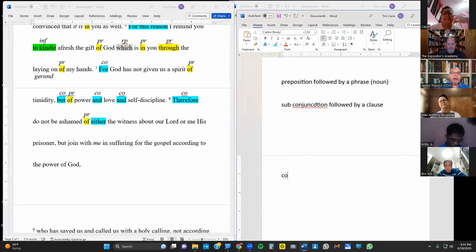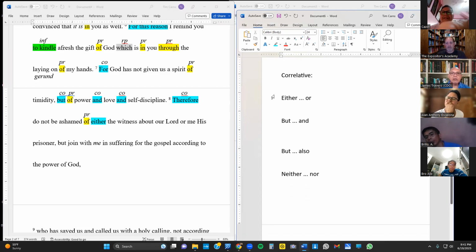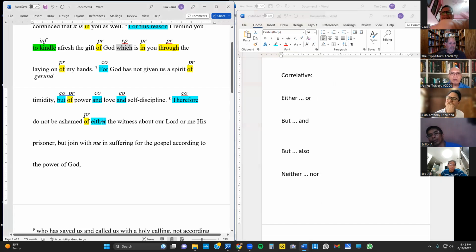We didn't cover these in class. They're called correlatives, and all that means is two words that go together. So either, or. Or neither, nor, meaning that these are like couplets, pairs. So notice we see either the witness about me or his prisoner.